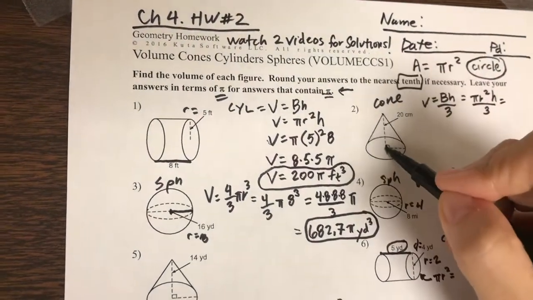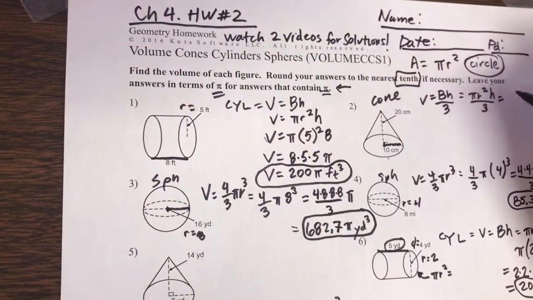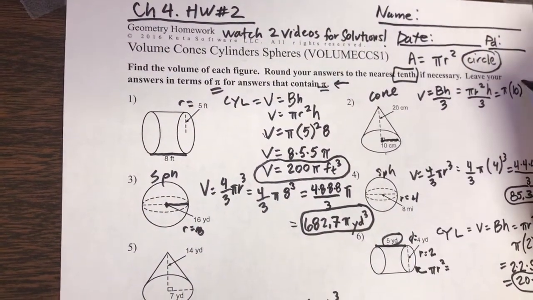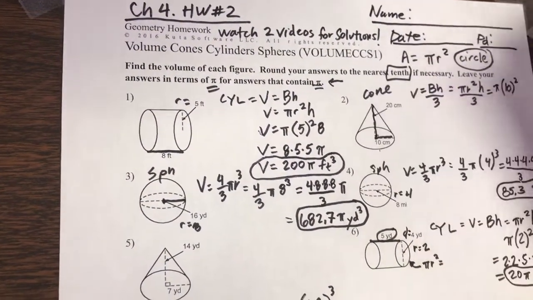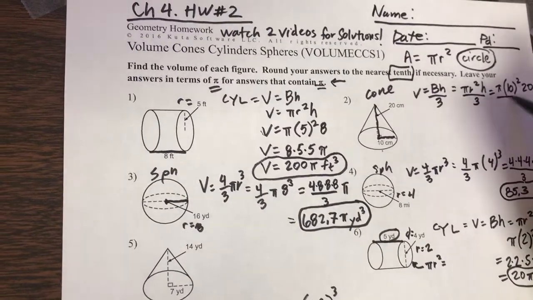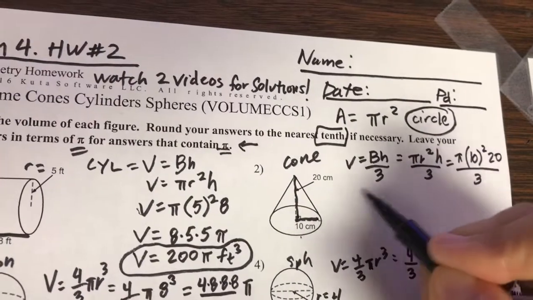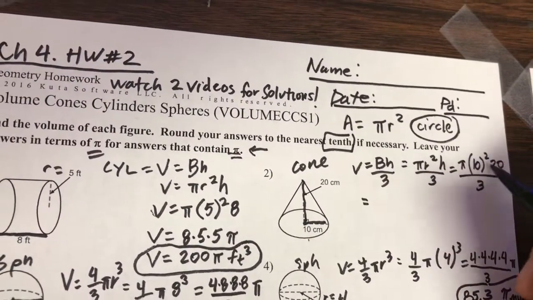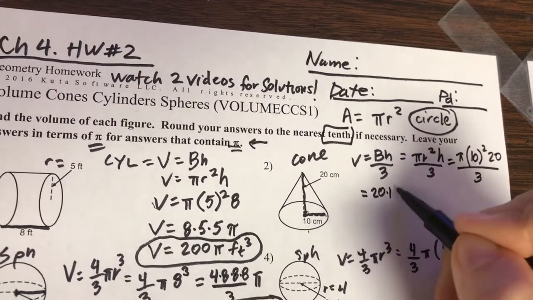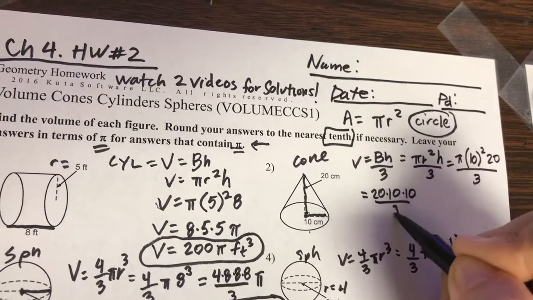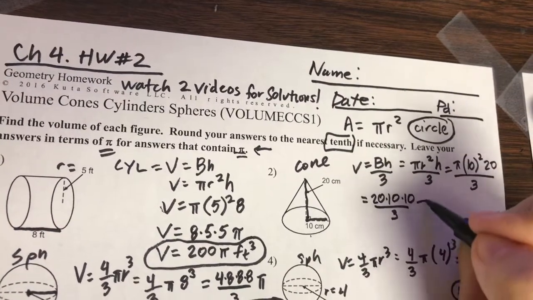So, okay, the radius of my base is 10. So that's 10 squared. I stacked circles getting smaller for 20 centimeters, and then I divide by 3. So let's zoom in a little bit. All these numbers, 20 times 10 squared, all divided by 3, and then I have my pi.